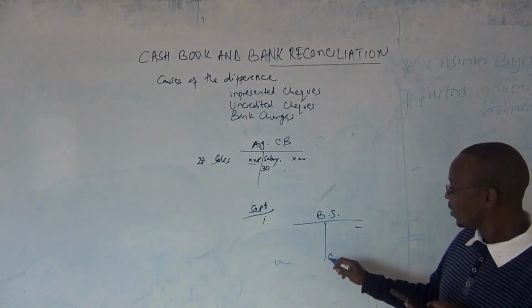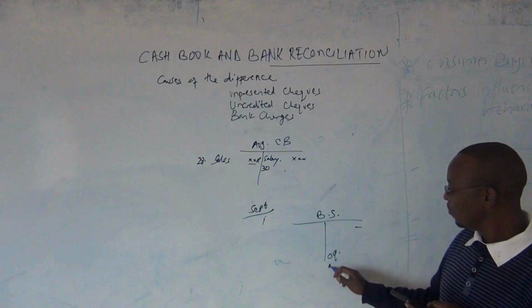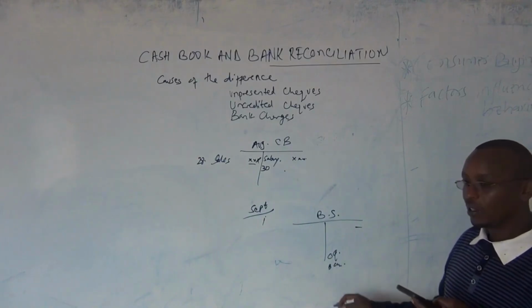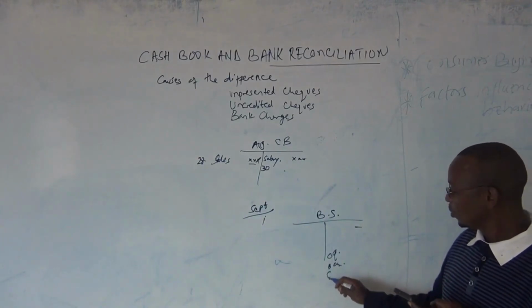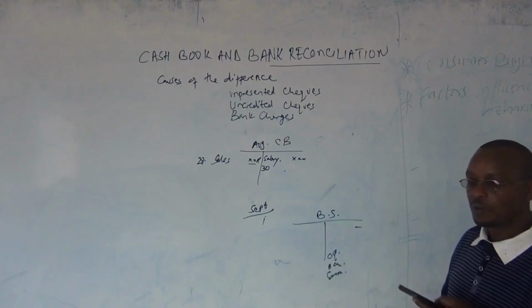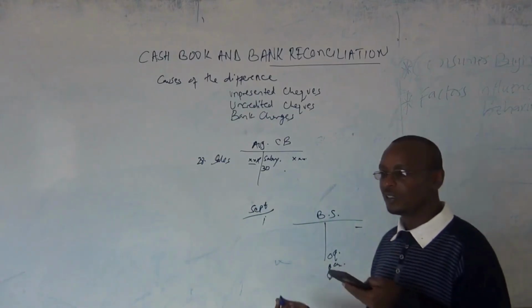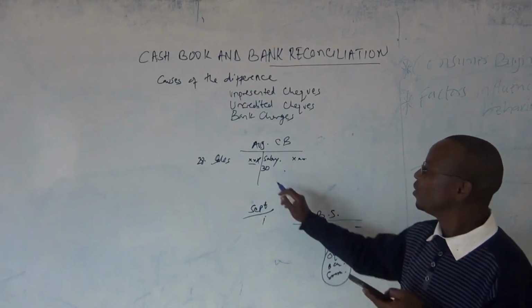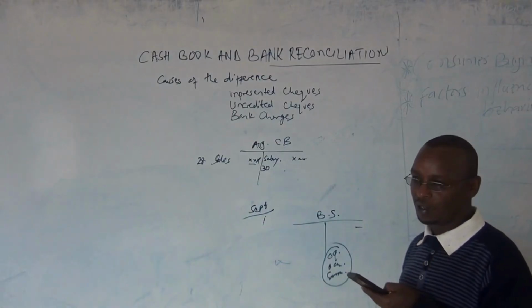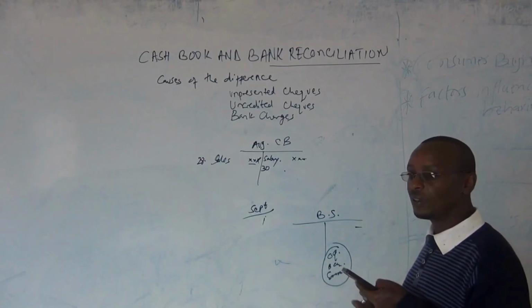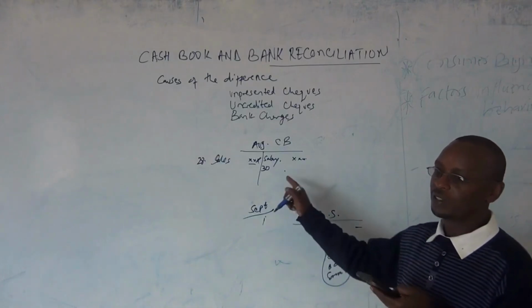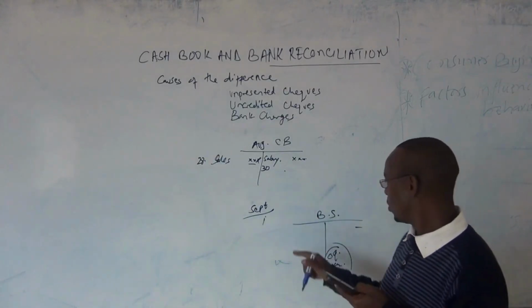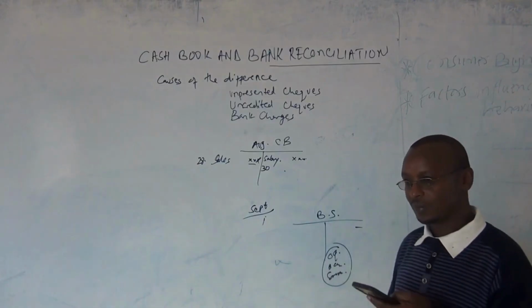And commissions, sometimes the bank charges commission if they do a certain deal for you. All these things, you cannot reflect them here. So when they are reflected here, the balance will be different from what is here. So we call them the bank charges.